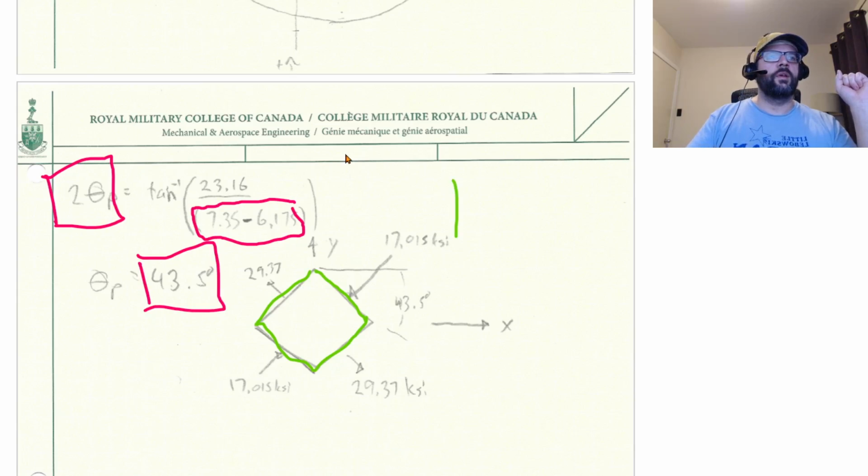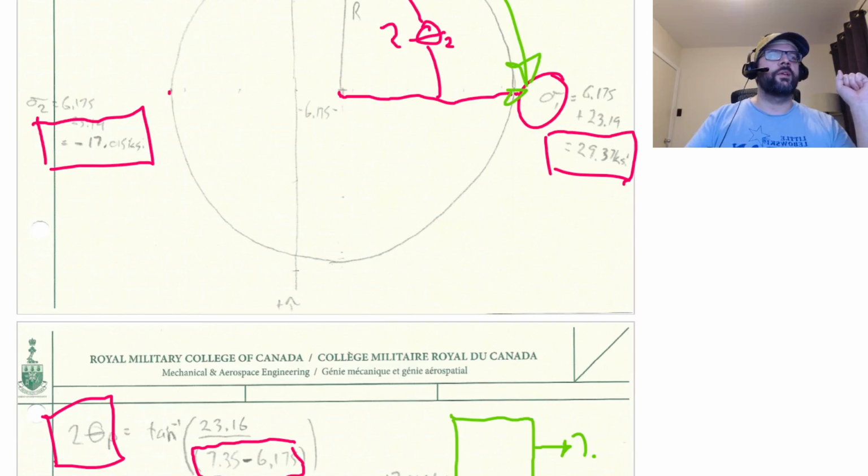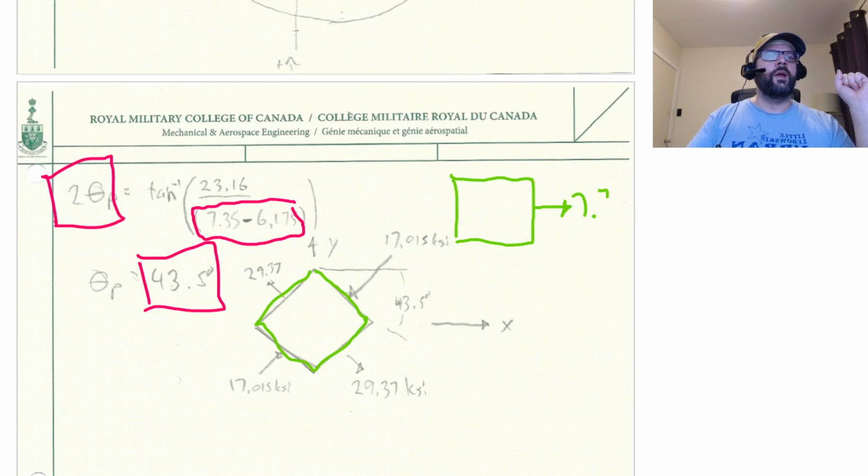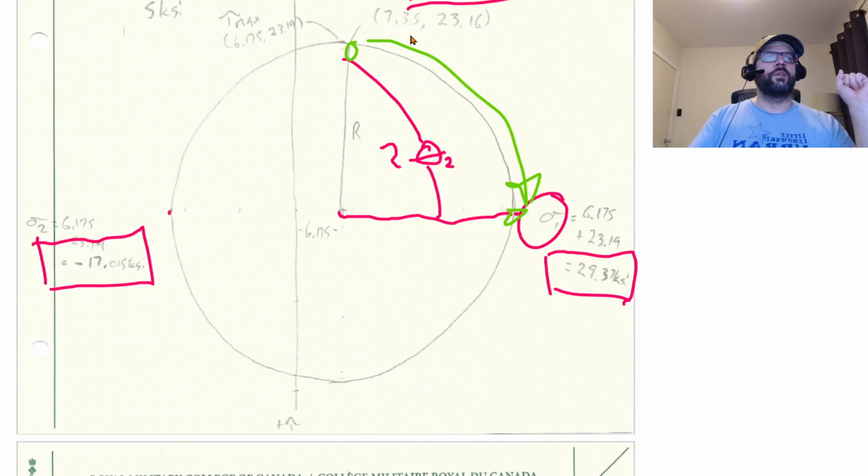If we'd started out with this face here being the one that had the 7.35, and then we rotate clockwise, this face here, after it gets rotated, corresponds to this face here. So this face ended up being this principal axis here.